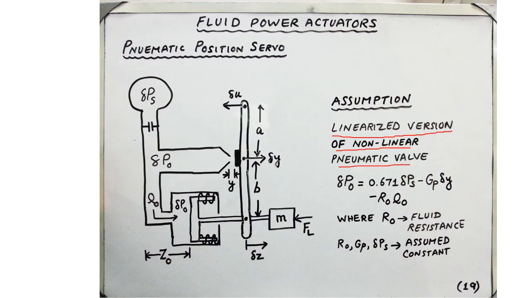So this pneumatic valve over here is essentially nonlinear, but using Taylor series expansion, there is an expression given in the book, in which we can relate delta P naught, the fluid pressure difference inside this piston cylinder, that is 0.671 times delta PS minus GP delta Y times R naught Q naught, where R naught is the fluid resistance. And the other parameters are constant except delta Y. Right?